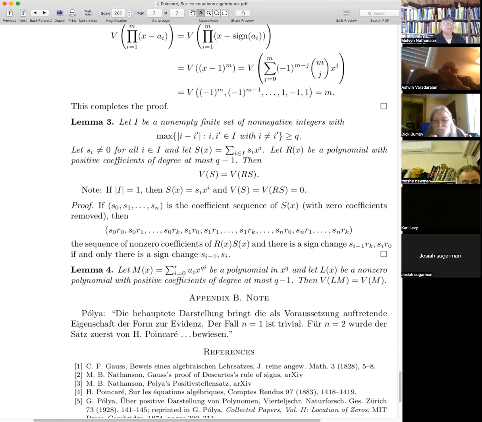But in any case, you have to think for a little bit about how Poincare's theorem about polynomials in one variable is equivalent to Polya's statement about forms in 2 variables.